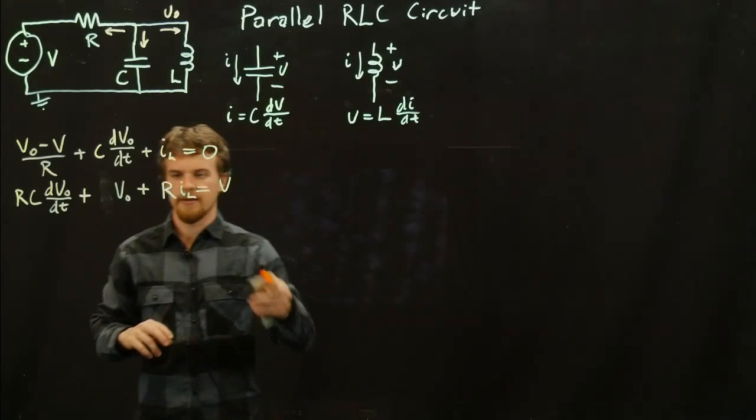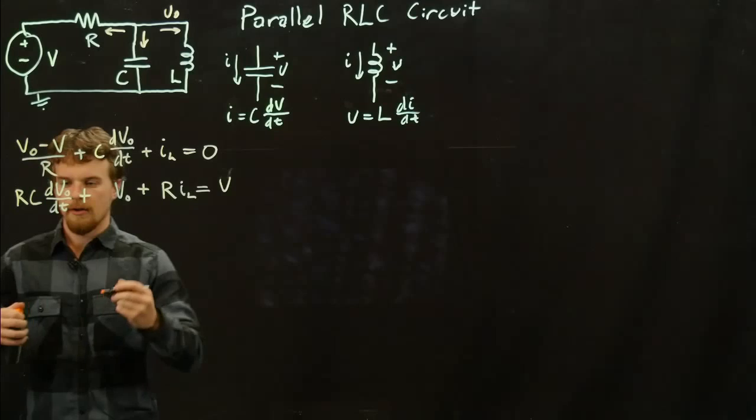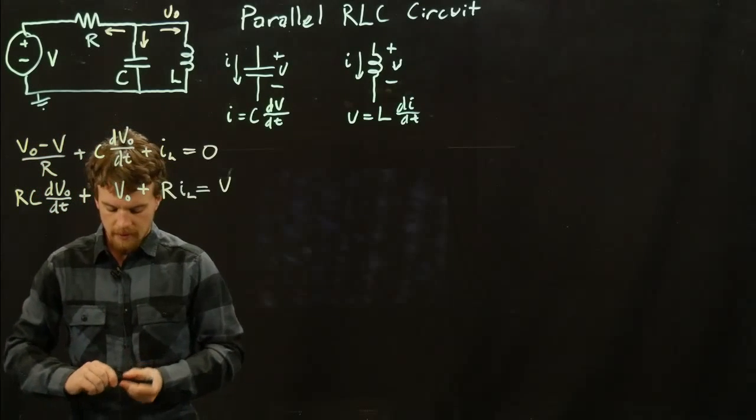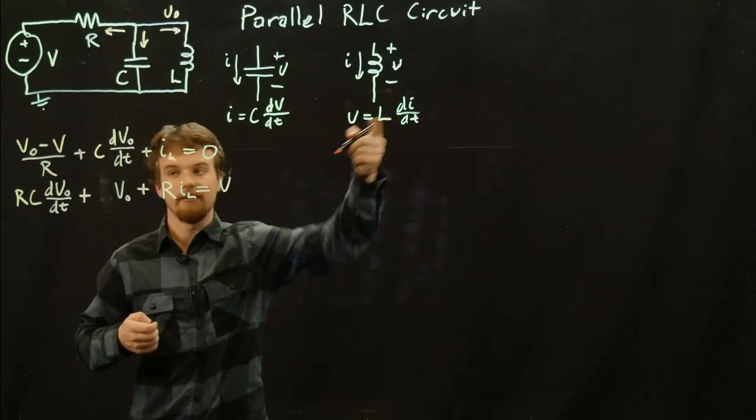Now, every time we see V naught, we'll set it equal to L di/dt. Here we have the derivative of V naught, so we're going to have to take the derivative of that.